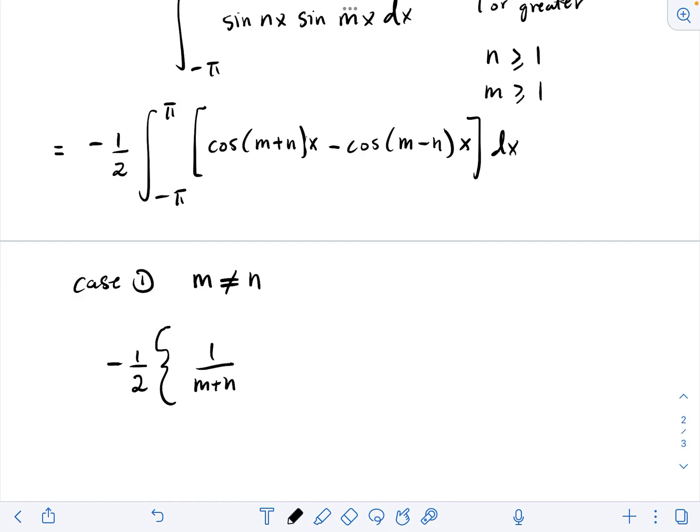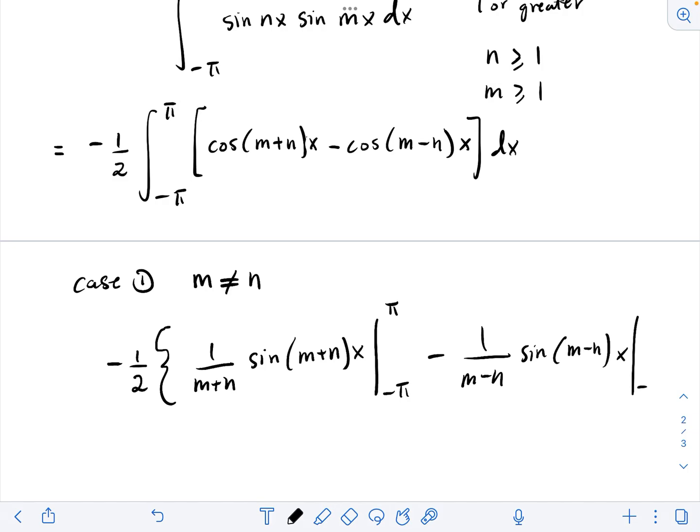The integral of cos is plus sine, so we get sine of m plus n x evaluated between minus pi and pi. And then we get minus 1 over m minus n sine of m minus n x evaluated between minus pi and pi.